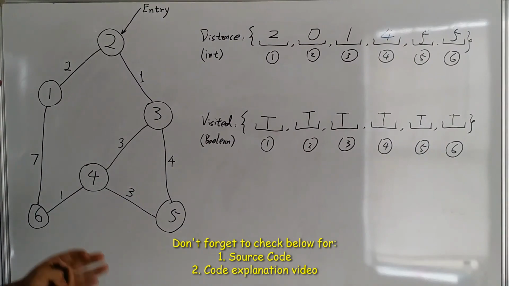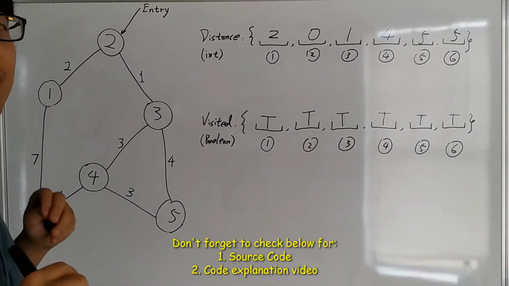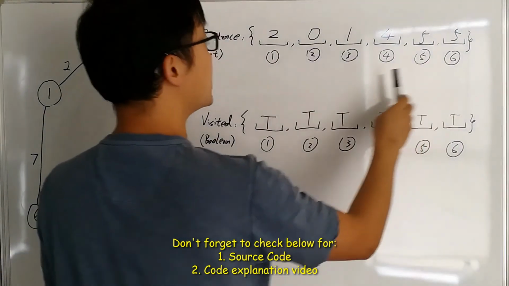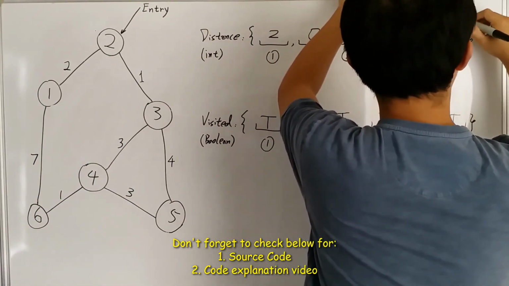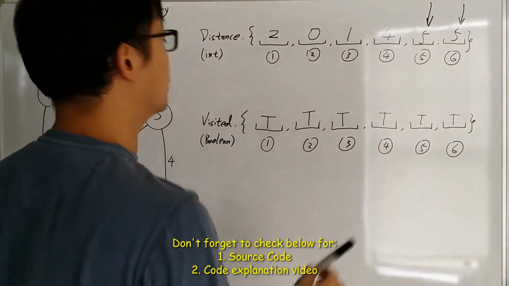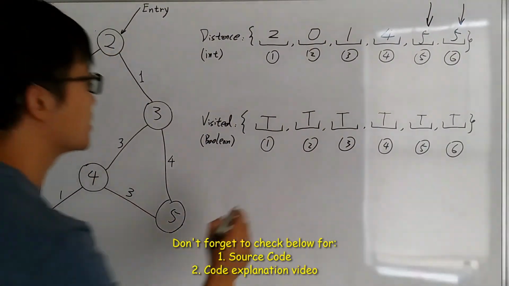So here, we find the largest distance for the array, for the nodes, is 5. So both find the same. So the final answer for this question is 5.